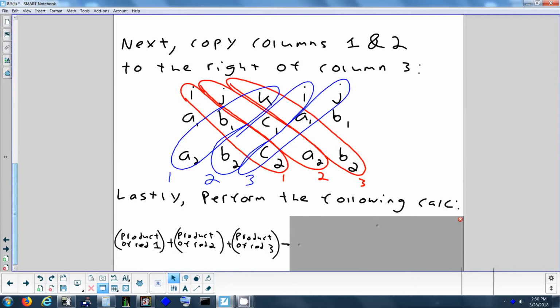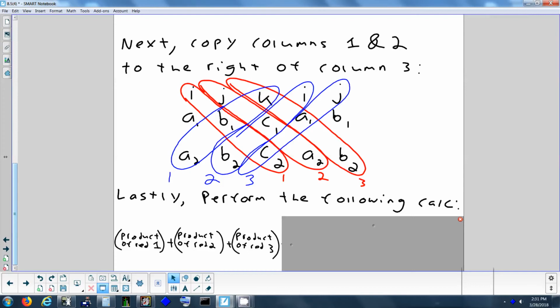Plus, take everything in red 3 and multiply that together. So the 3 diagonals that go down and to the right, you multiply and you add them all up. It looks confusing, but 10 of these letters are going to turn into numbers when we do a problem. The only thing that won't be numbers are the i, j, k, i, j row. Everything else is numbers.